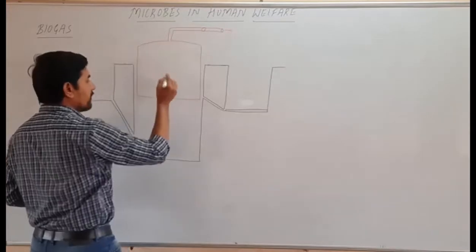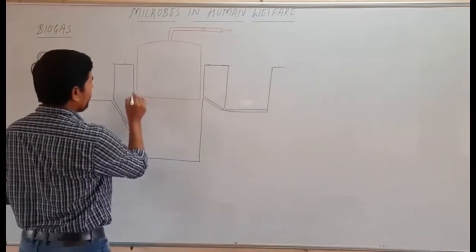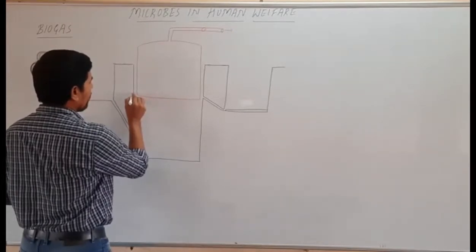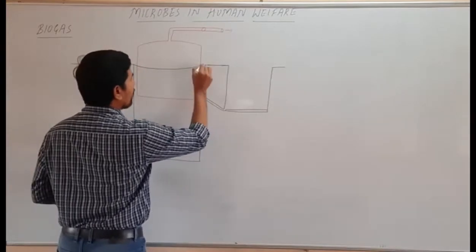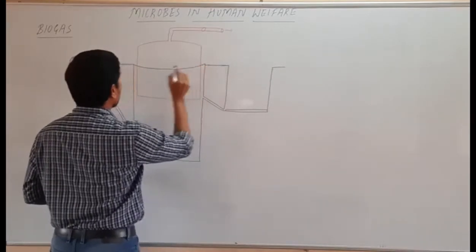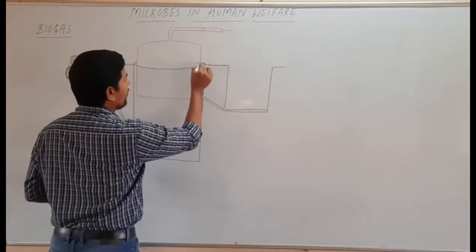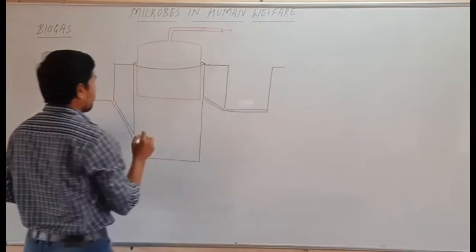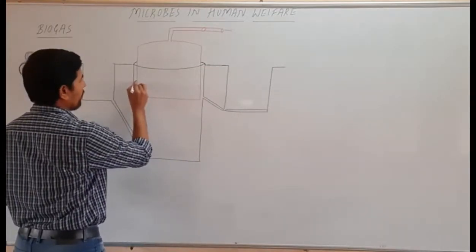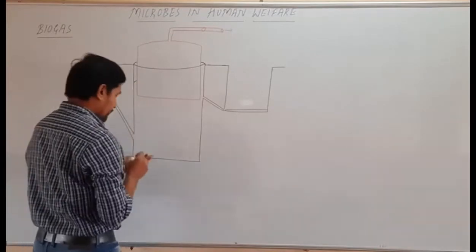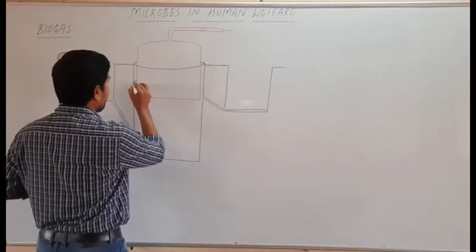Okay, so this is the top, or we also call it the lid. Okay, now this is the digester. This side we have a rubber tube also.